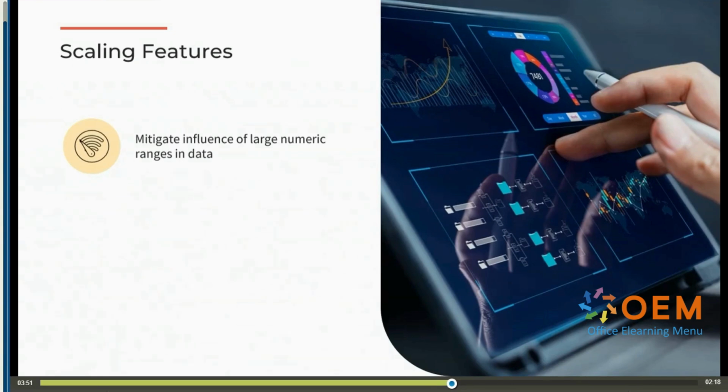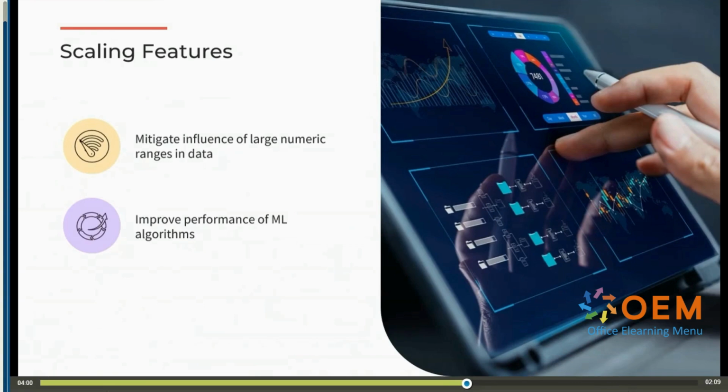Scaling equalizes the contribution of every feature and mitigates the influence of large numeric ranges in data. Many machine learning algorithms, like some regression models and neural networks, learn by making small adjustments based on errors. Unscaled data can make the learning process slow and inefficient. Scaling improves the performance of such ML models.